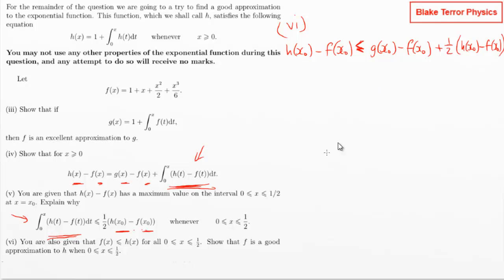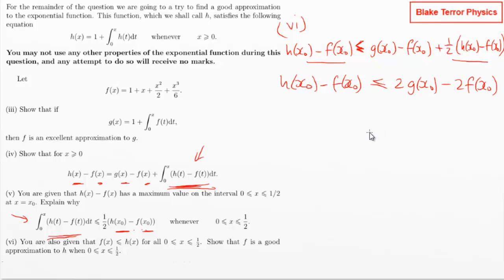Okay, so it'd be nice to take this off both sides, because then we're just going to have half on this side. So if I do that and then double everything, we'll be back to having the same left-hand side: h of x0 minus f of x0. So I've taken that half of it off, then doubled everything up. So we'll have 2 g of x0 minus 2 f of x0 on that side.